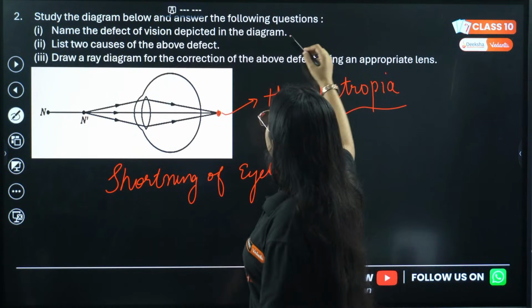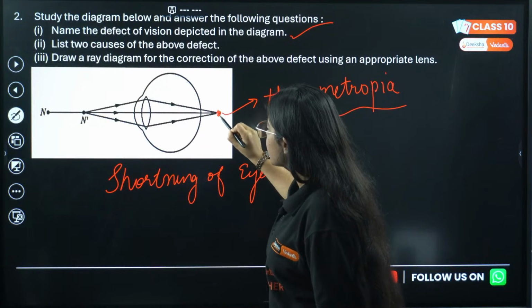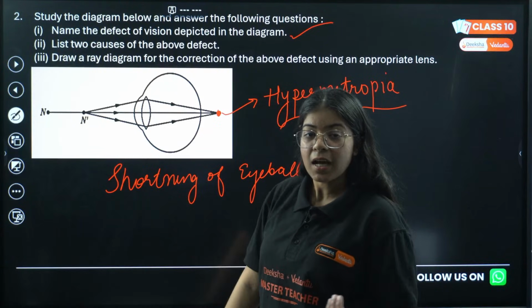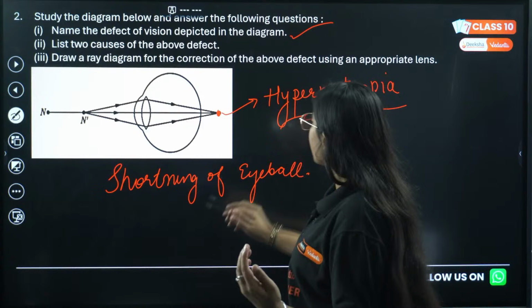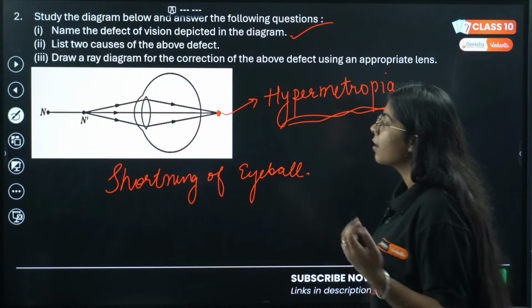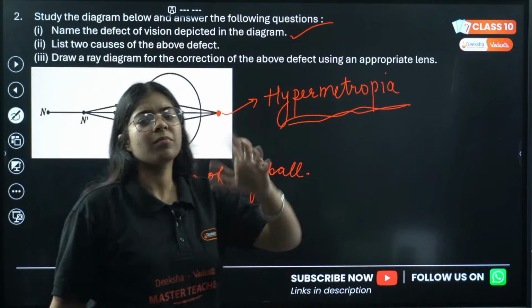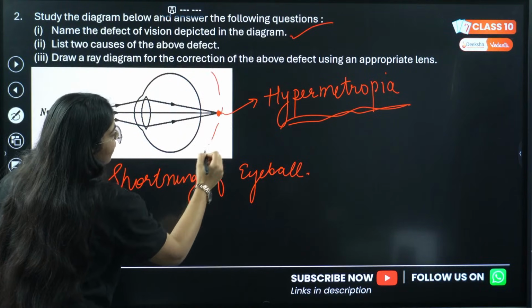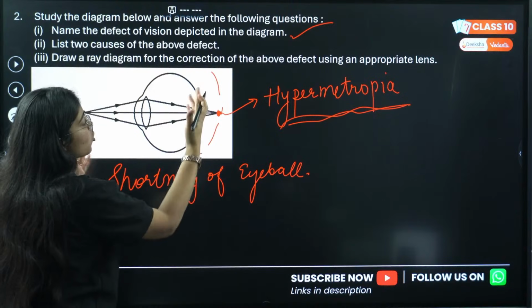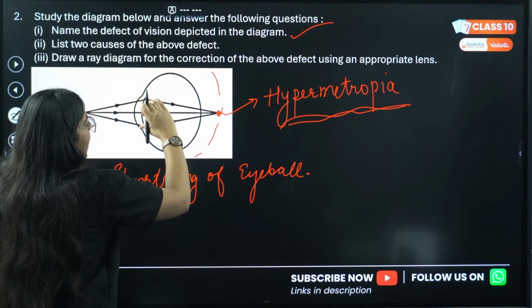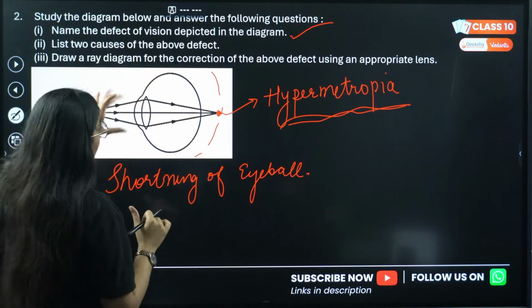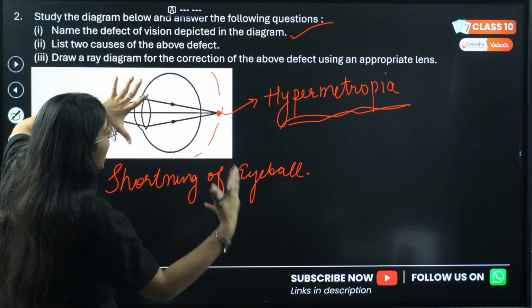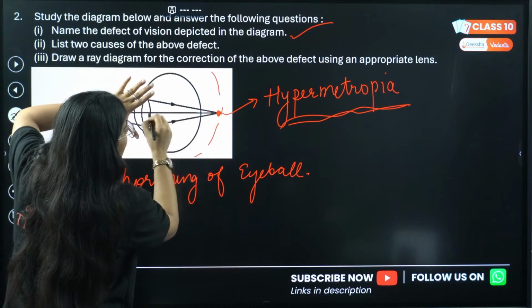So we are doing this question. It says name the defect of vision. So the image is being formed behind the retina, and in case of behind the retina, we know it's hypermetropia. Why does it happen? Use some logic. The retina should be here, or the image should be here, so what can happen? Either my eye lens got thin, stretched, flat, that's why its focal length increased.